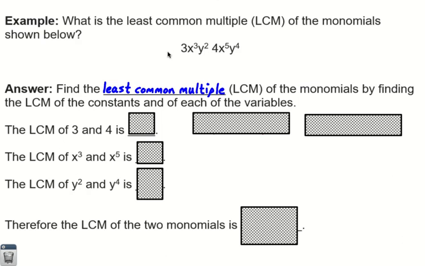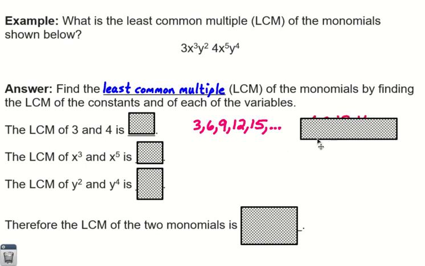So here's our example. We're going to find the LCM, the least common multiple, of 3x cubed y squared and 4x to the fifth y to the fourth. So we start with the LCM of just the numbers 3 and 4. What are all the multiples of 3? 3, 6, 9, 12, 15, and it goes on and on forever. What are all the multiples of 4? 4, 8, 12, 16, and it continues forever.